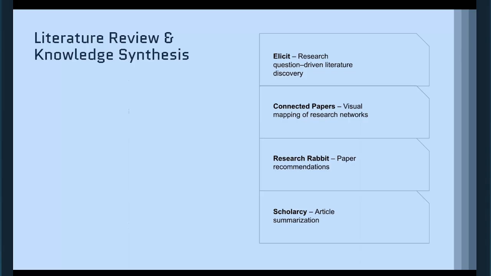Now, when we are focusing on the literature review and knowledge synthesis part, what we are trying to do is fragment the systematic literature review. What I'm trying to say is the literature review is written in different types. It can come in various shapes and sizes.